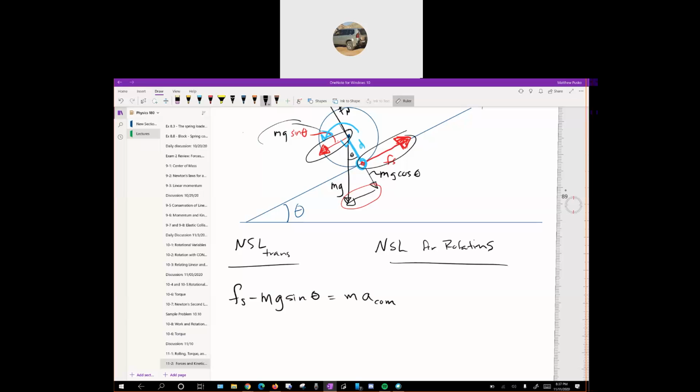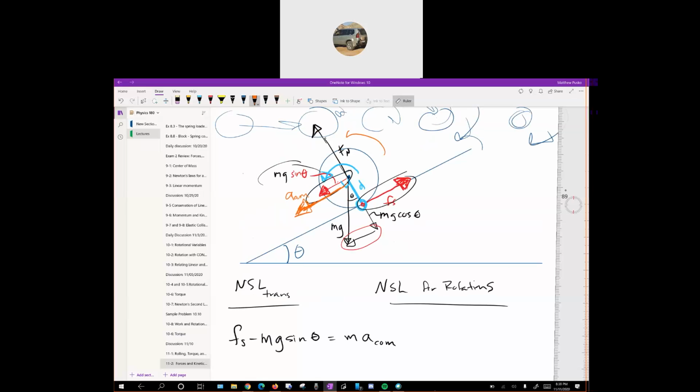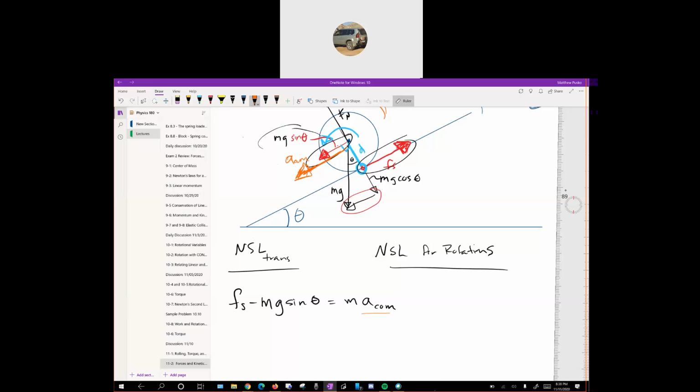There's going to be some acceleration of the center of mass. And there's also going to be some rotation, alpha, angular acceleration. So we'll be able to relate those two, with the acceleration of the center of mass equal to r alpha.